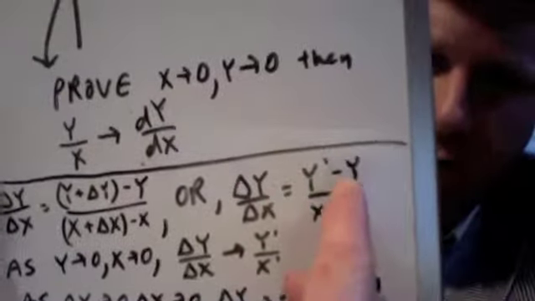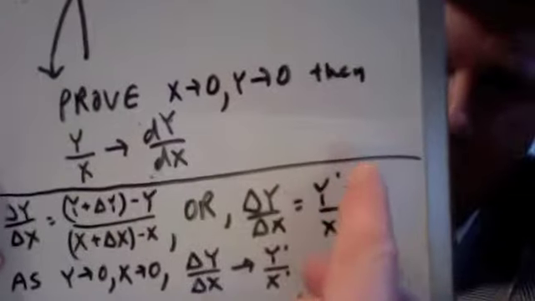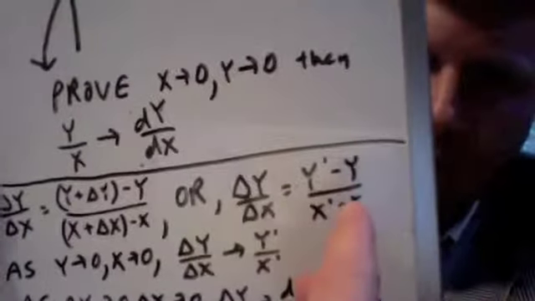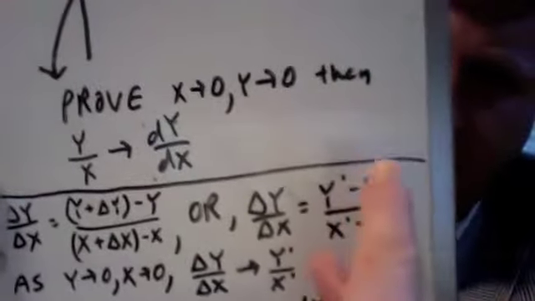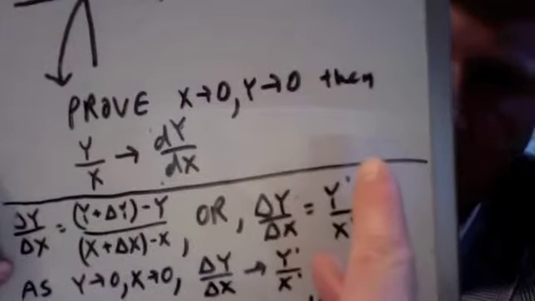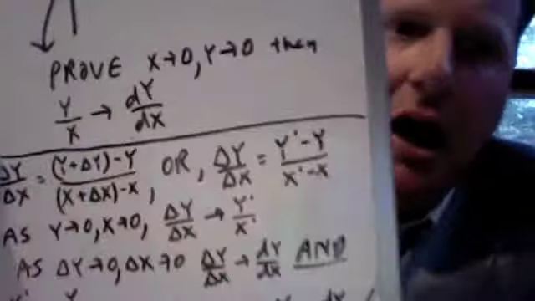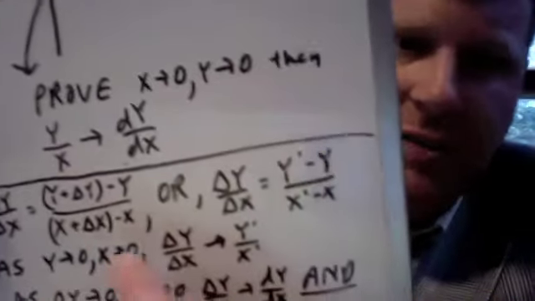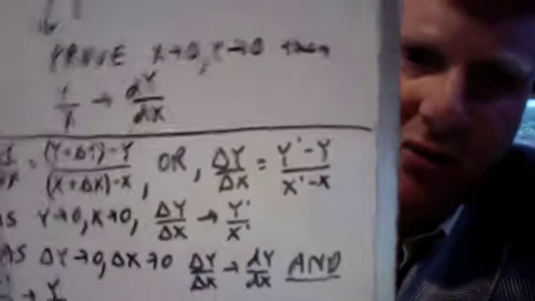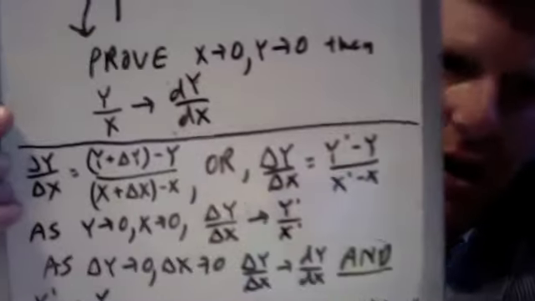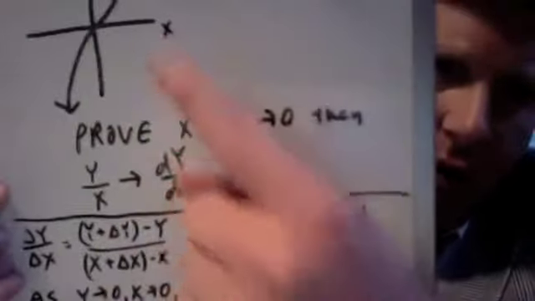That's very simple, because y equals 0, so just ignore y, and x equals 0, so just ignore x. So we have delta y over delta x equals y prime over x prime. But I'm going to leave it as a limit here because we're going to need it later on. Now, we've arrived at the origin.